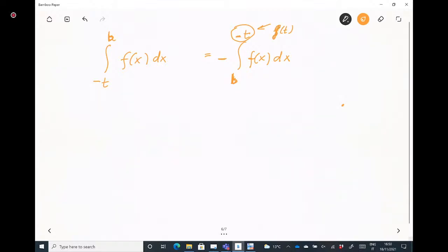So to compute the derivative of the original integral, minus t and b of f of x dx, you first have to transform it in order to have the quantity that depends on t as the upper limit, not the lower limit.